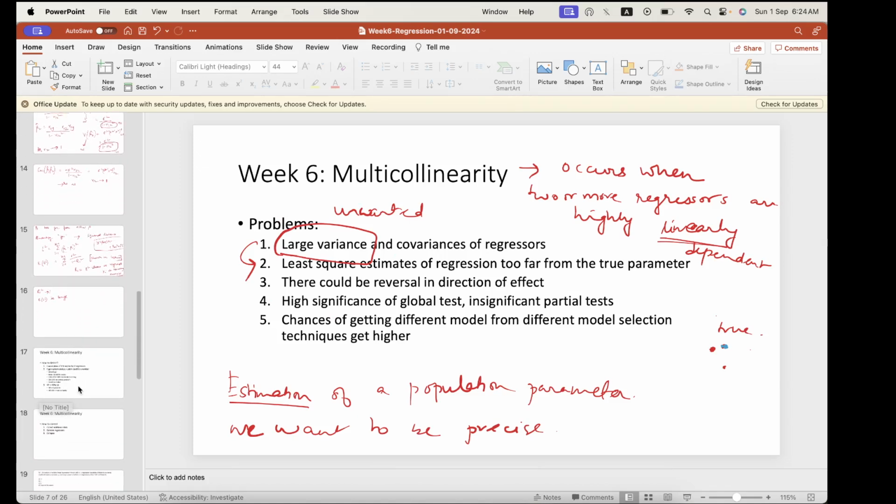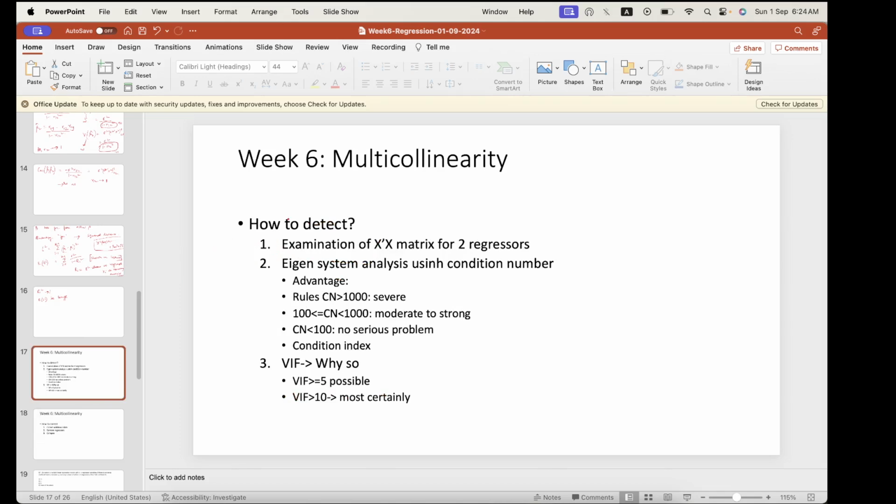Now what can we do about it? First, before tackling it, there should be detection. How do I detect that?